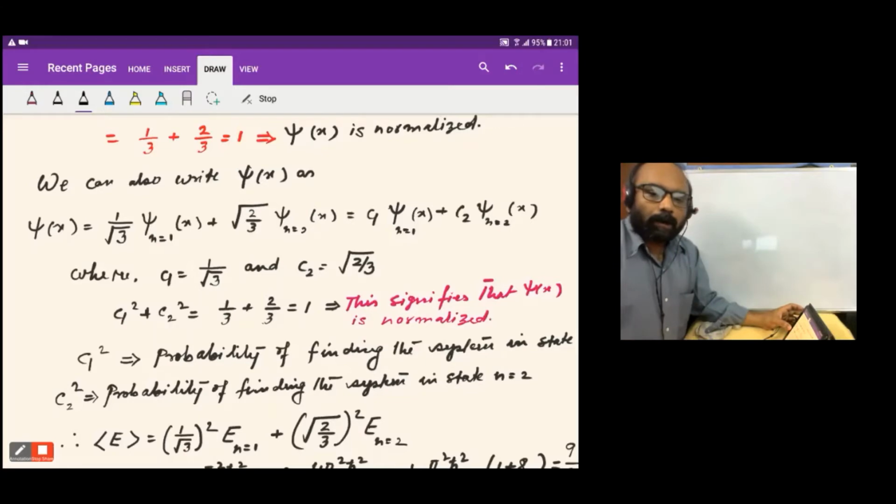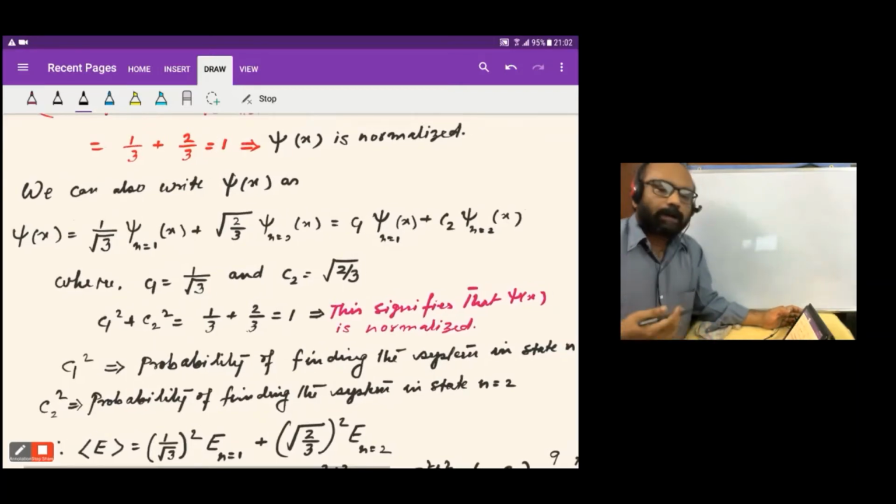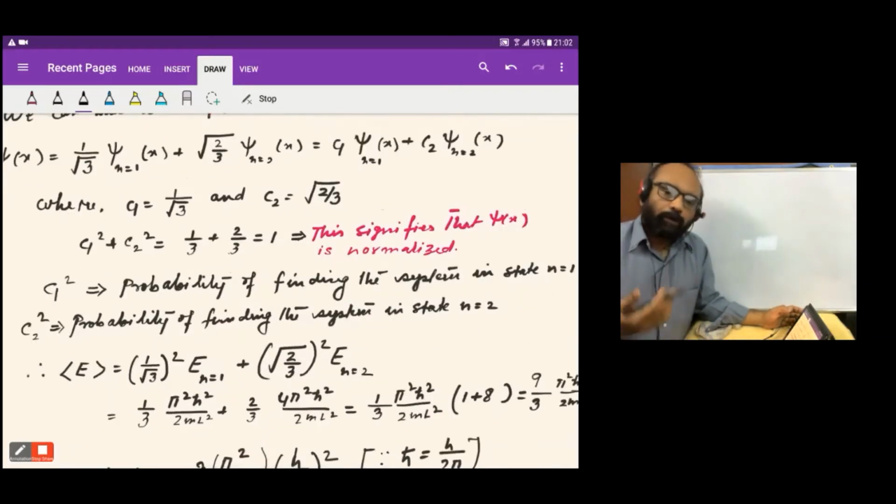So basically C1 square is the probability of finding the system in the state n equal to 1, and C2 square is the probability of finding the system in the state n equal to 2. We know that. So C square is basically the probability of finding the system in a particular state.